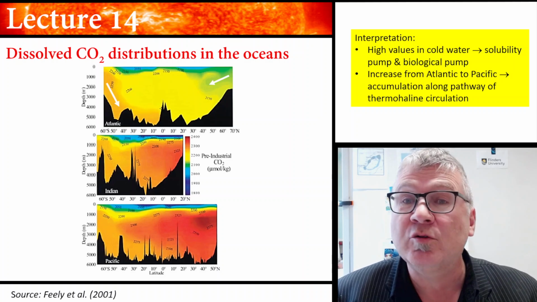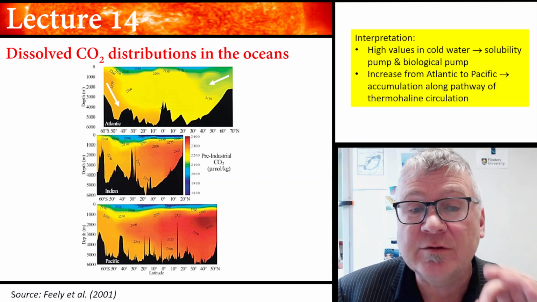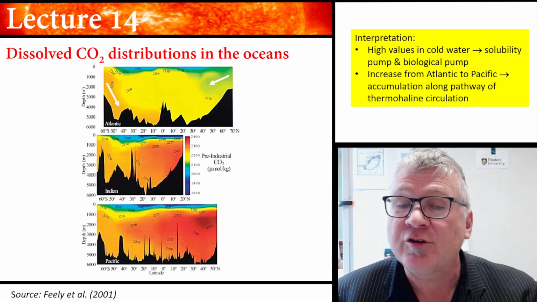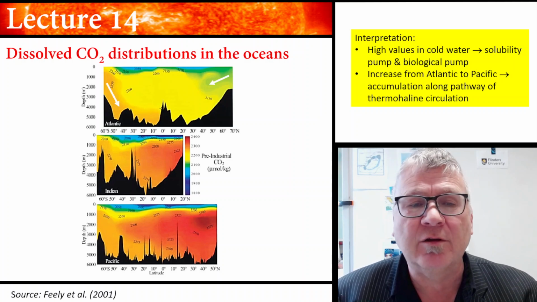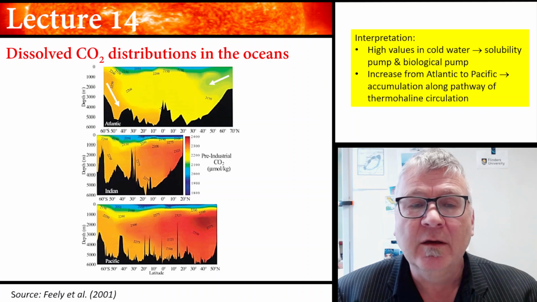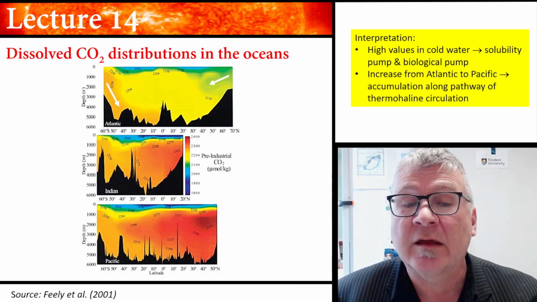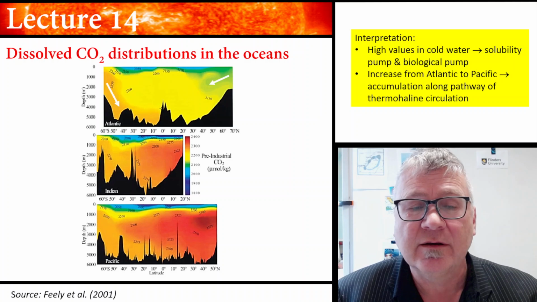And this is a CO2 cake. It has CO2 shown here in terms of micromoles per kilogram. Okay, let's focus on this first. And then we look at the other slices.